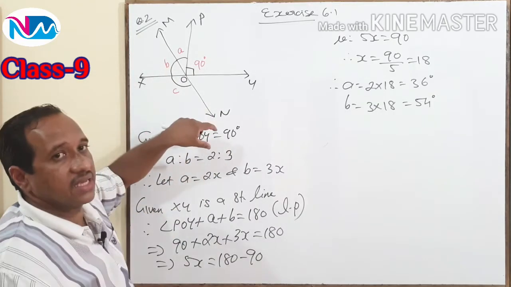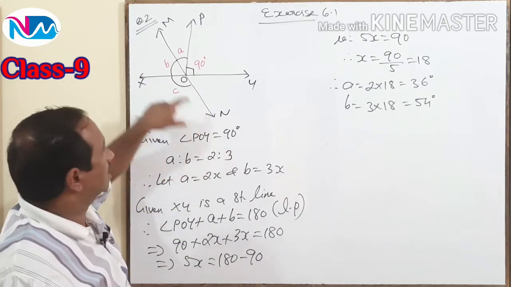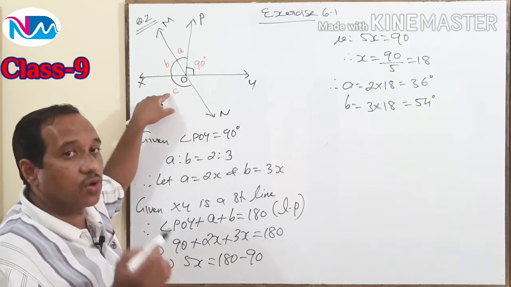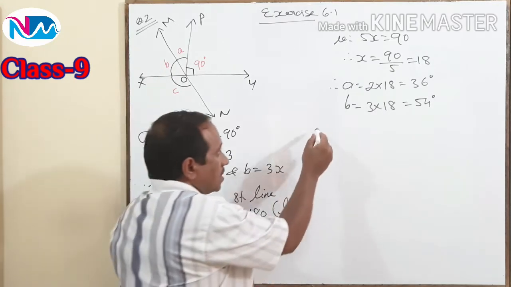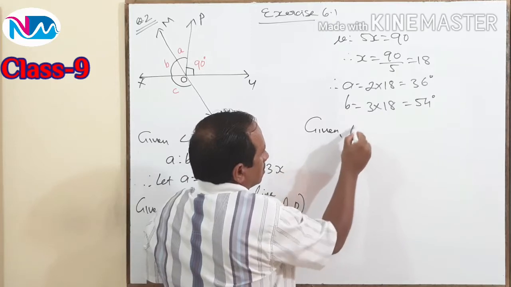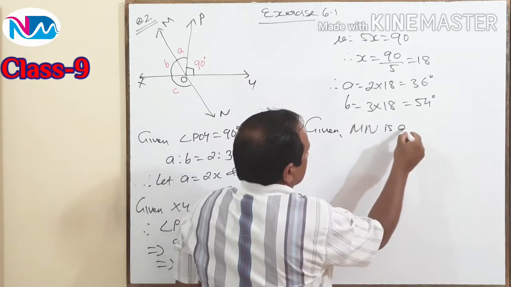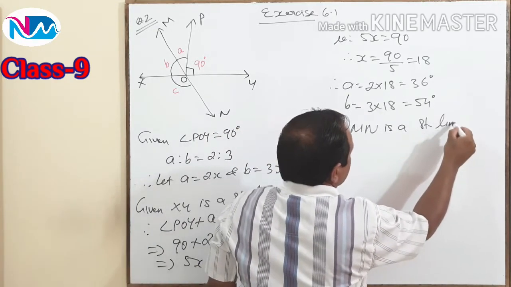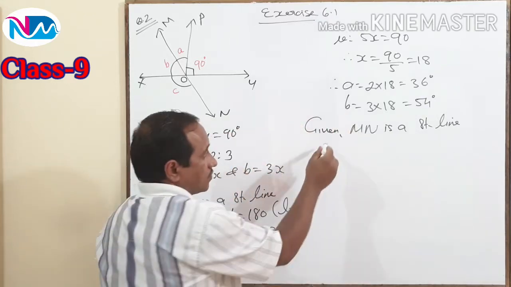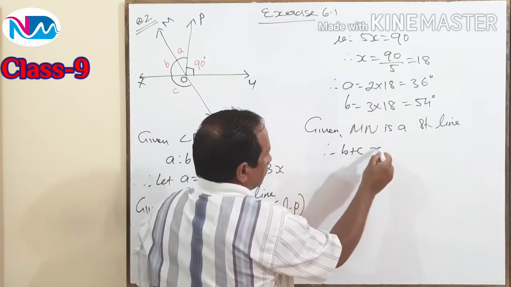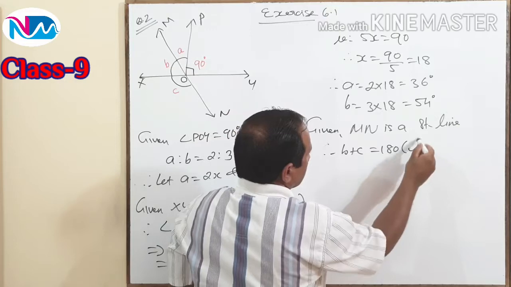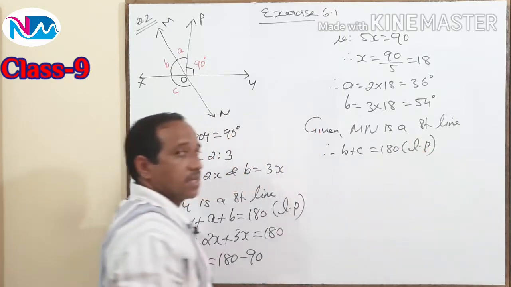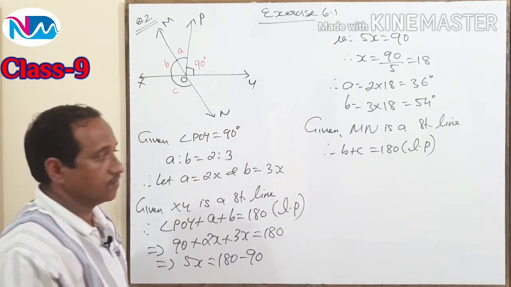If MN is a straight line, then b and c form a linear pair. Given MN is a straight line, therefore we can say that b plus c is equal to 180 by the property of linear pair axiom.